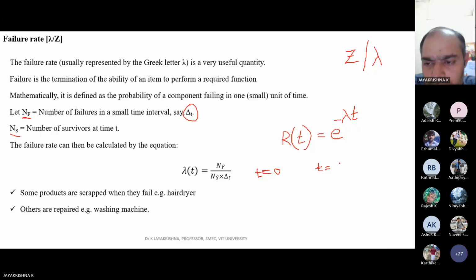So now what is delta t? Delta t is called a change of time.